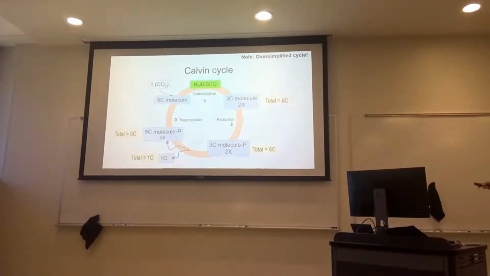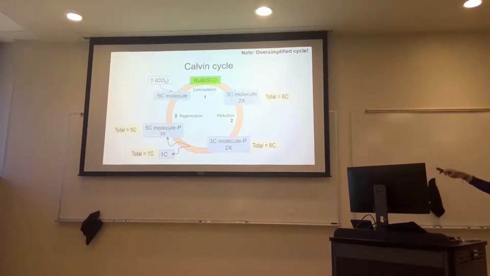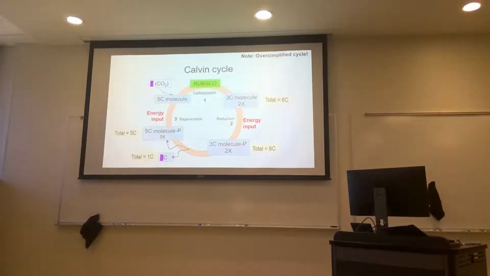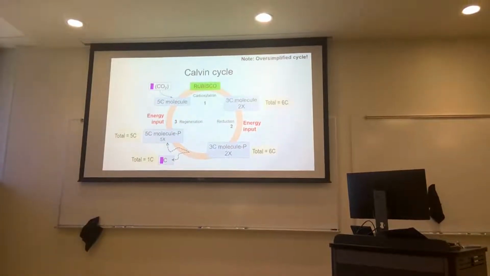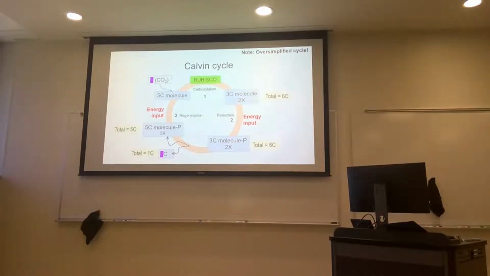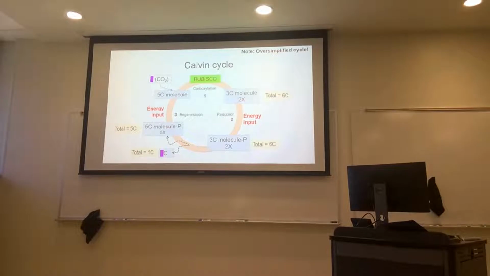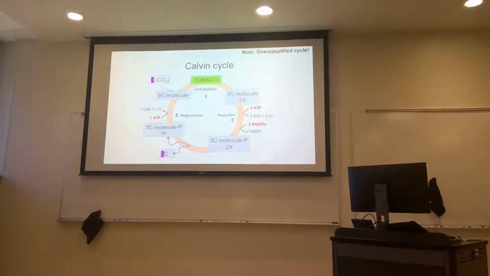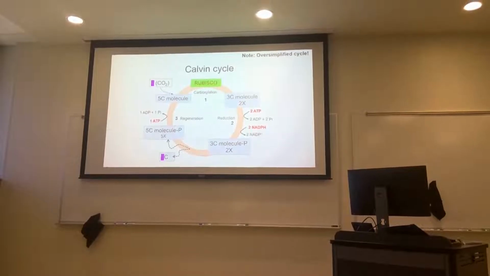The plant keeps 1, and the 5 carbon are regenerated. You just have energy input here. I'm not saying it's exactly the same carbon, but the net output is going to be 1. And a lot of energy is going to be processed.